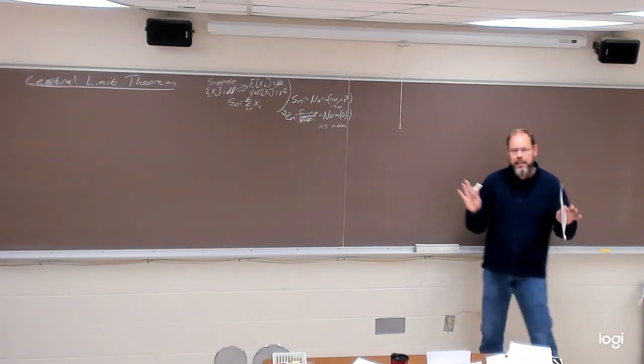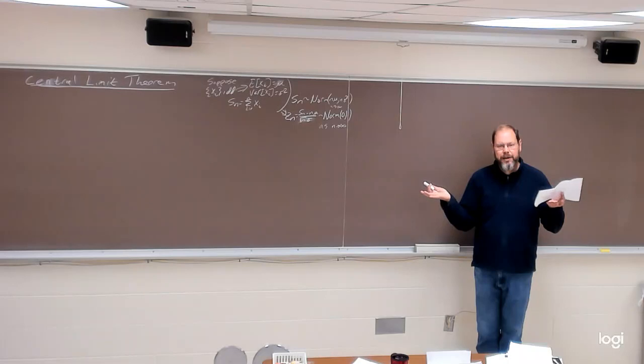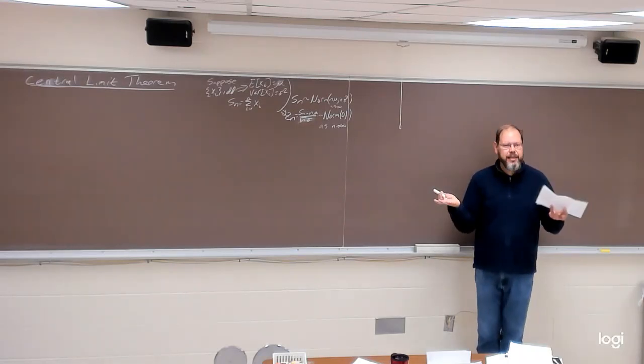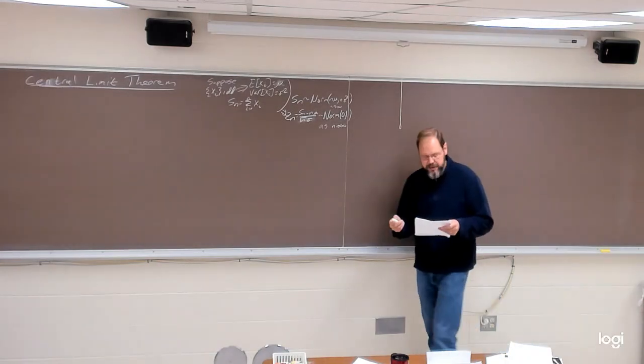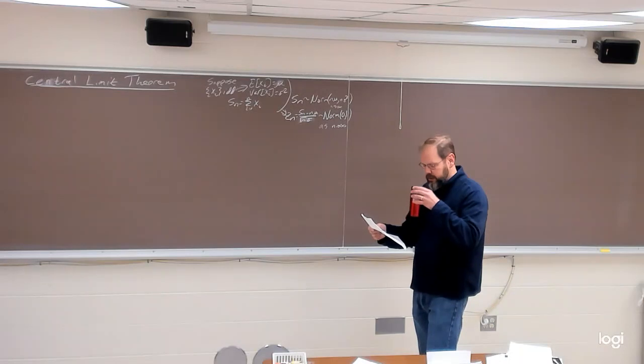Great result, right? Because we've had this normal random variable and it's not been clear where it fits into everything, and it turns out it fits into everything, at least if we start summing independent copies of any of the other random variables that we've been dealing with. Okay.